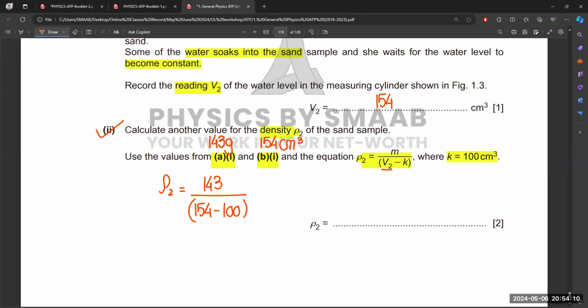So what is the final value you are getting? 2.65. 143 divided by 54 is 2.648.